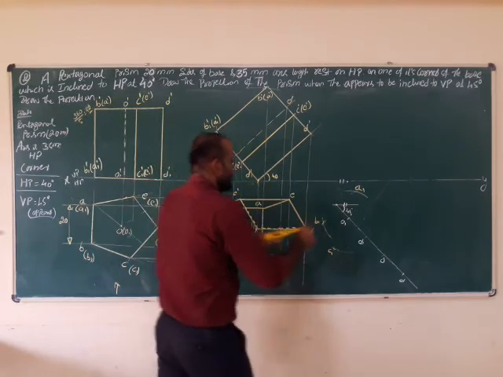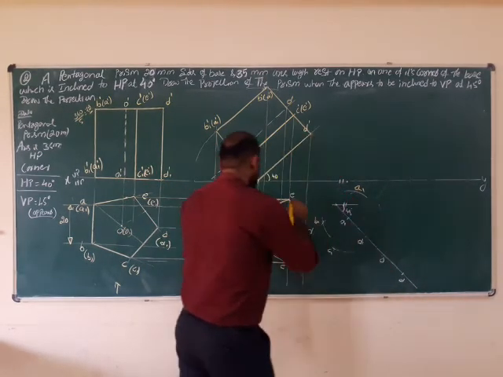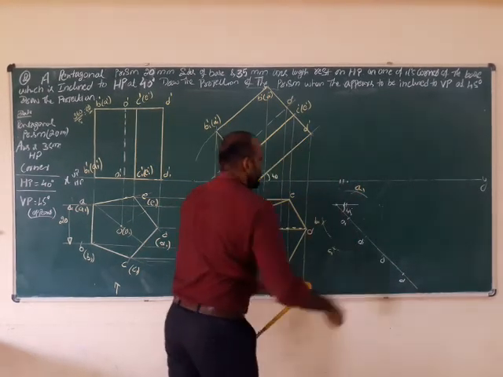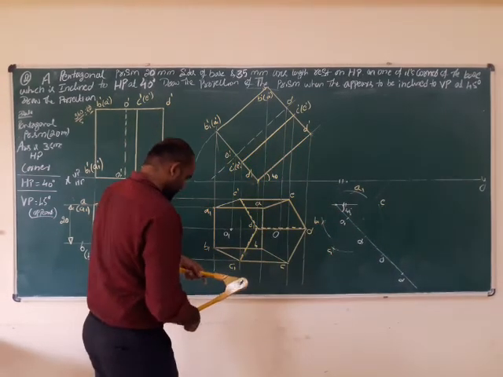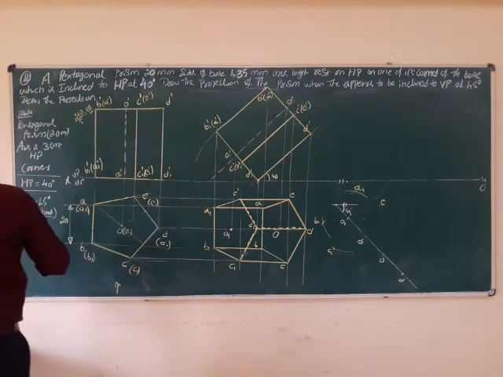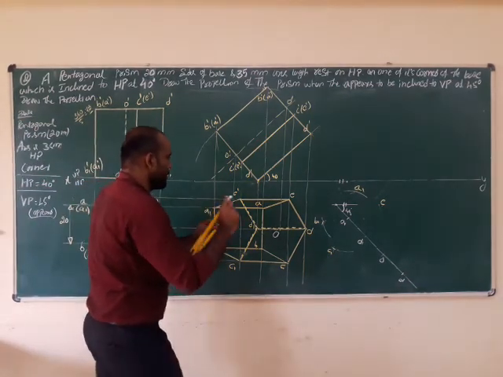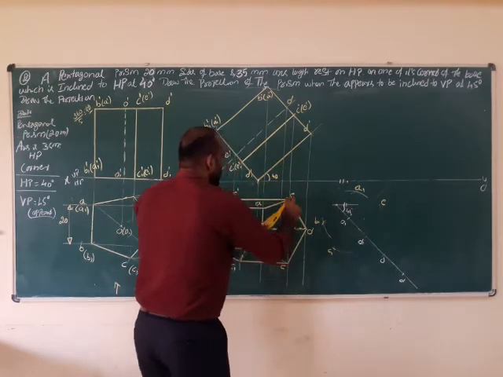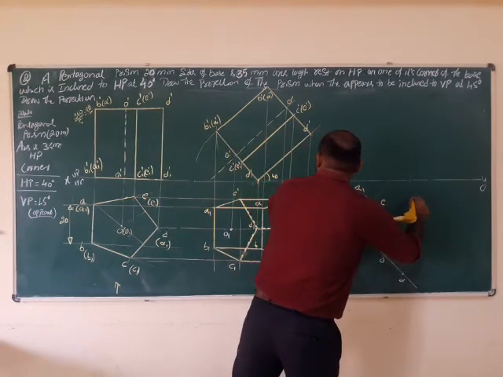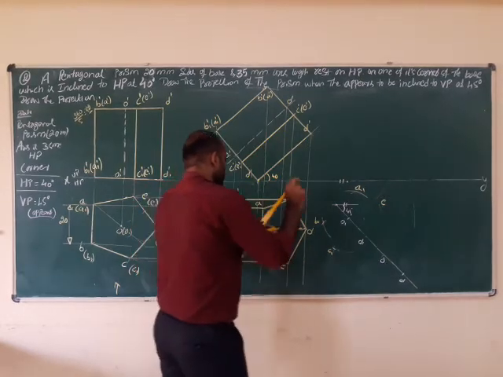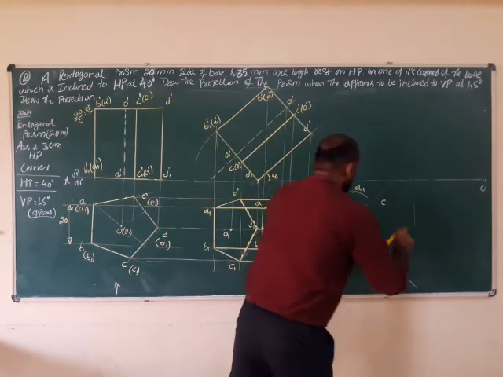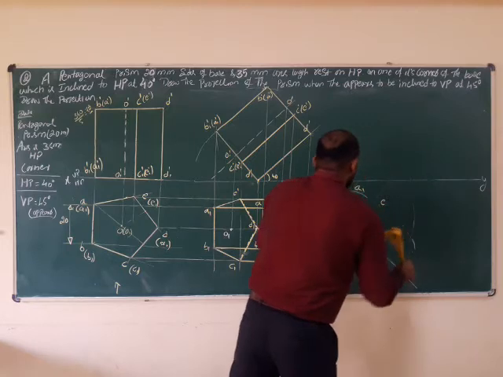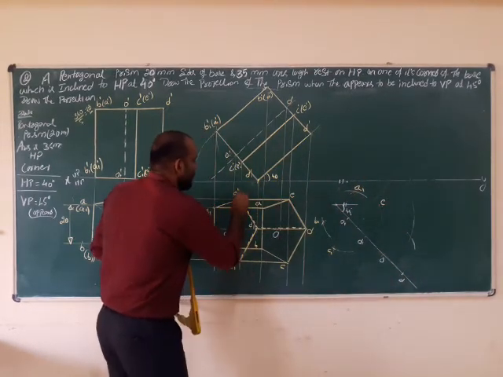Same, O1 to E, O1 to E, O to E. That point is called E. Next, O1 to E, O to E. The first is called E1.